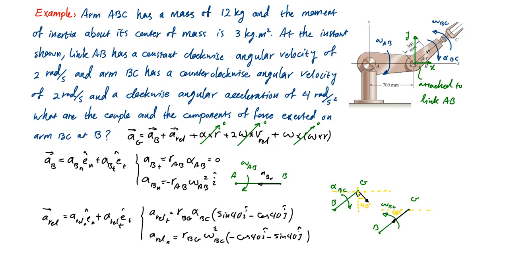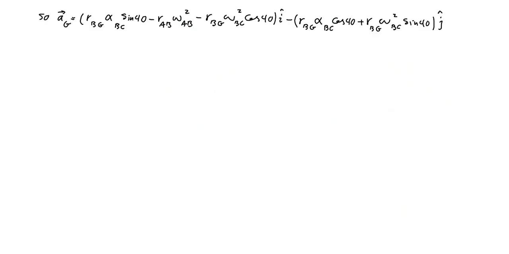We know RAB, which is 700 millimeters. We need it for when we calculate AB. And we know all the angular velocities and angular accelerations. We are given all these values.